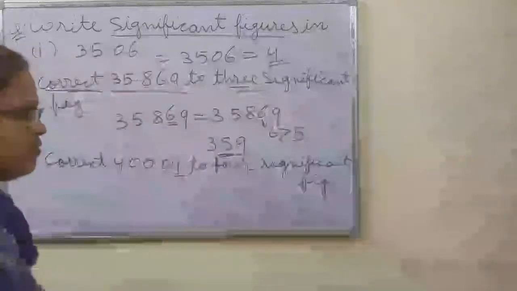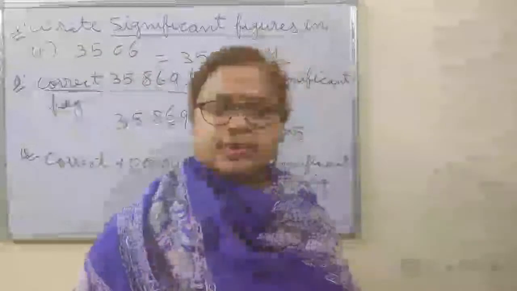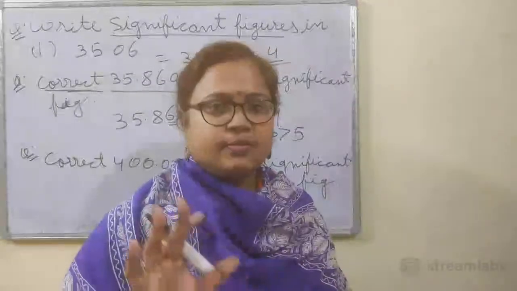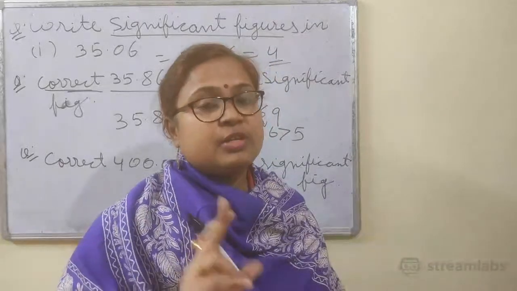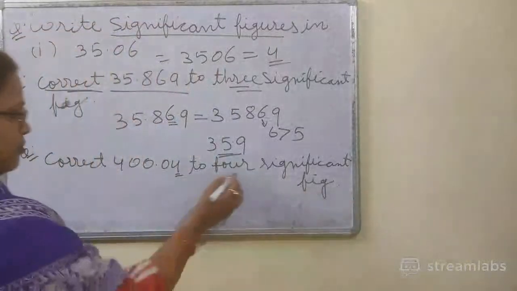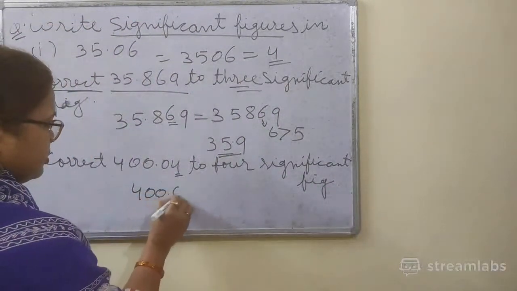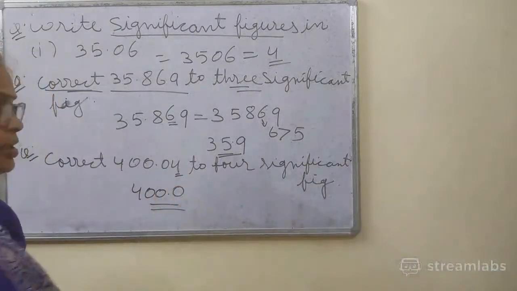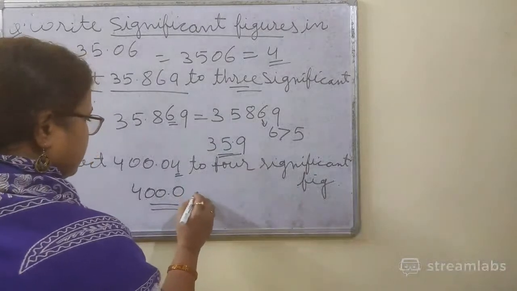The fifth number is less than 5. So whatever is given in the question will be part of the answer. Means we will not increase the number by 1. So 4 significant figures is up to here. So we will write this, and this will be the answer.